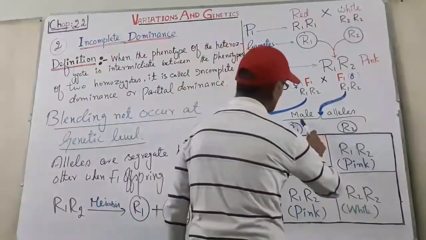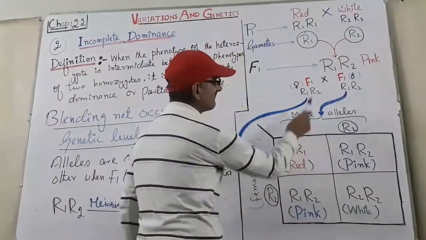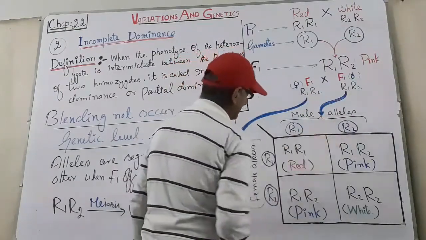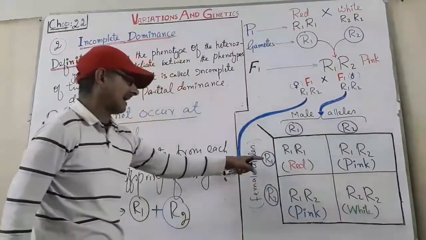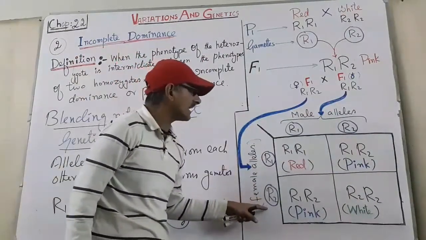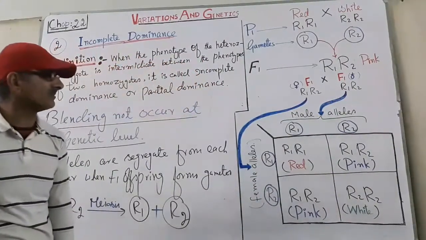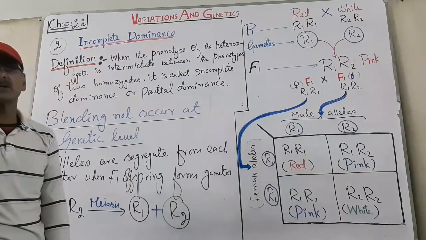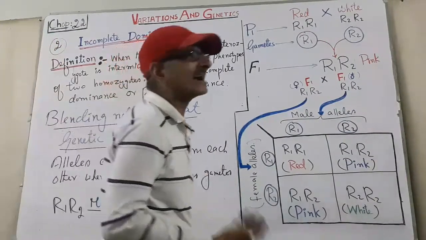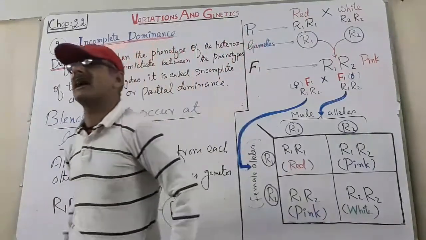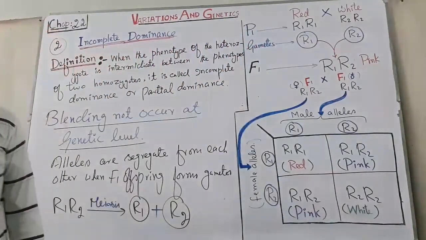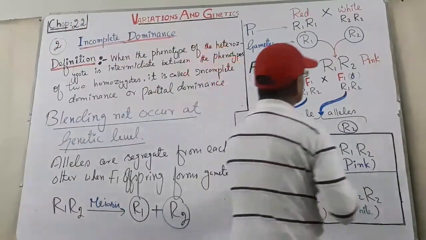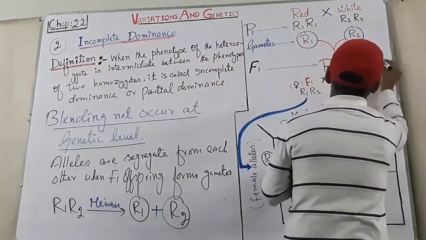In this case, these are the male alleles. When we cross F1 and F1, R1 and R2 are the male alleles, and R1 and R2 are the female alleles. And so, blending does not take place at genetic level, but blending takes place at phenotypic level.